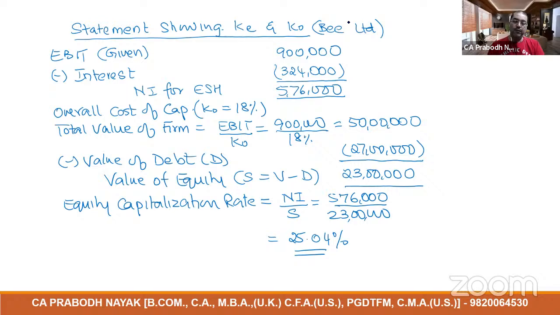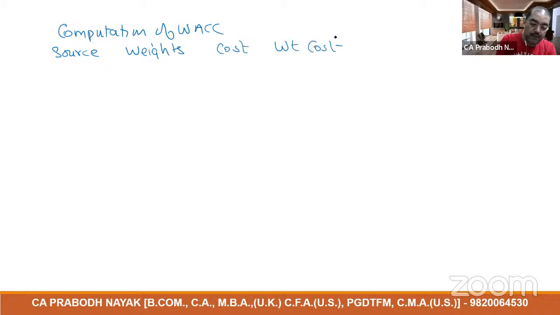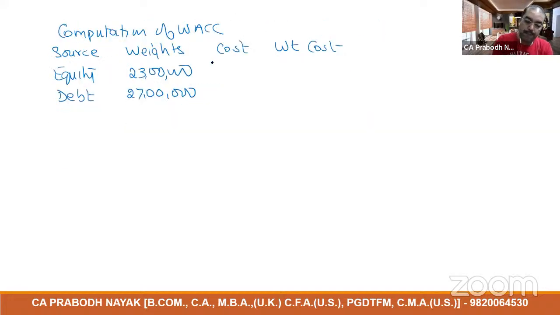Okay. Now, suppose we have to calculate the WACC for B Limited. How do we do this? Computation of WACC. We have source, weights, cost, and weighted cost. Source will be debt and equity. Equity is 23 lakhs. Debt is 27 lakhs. Cost for equity we have just calculated, 25.04%, and for debt it is 12%.